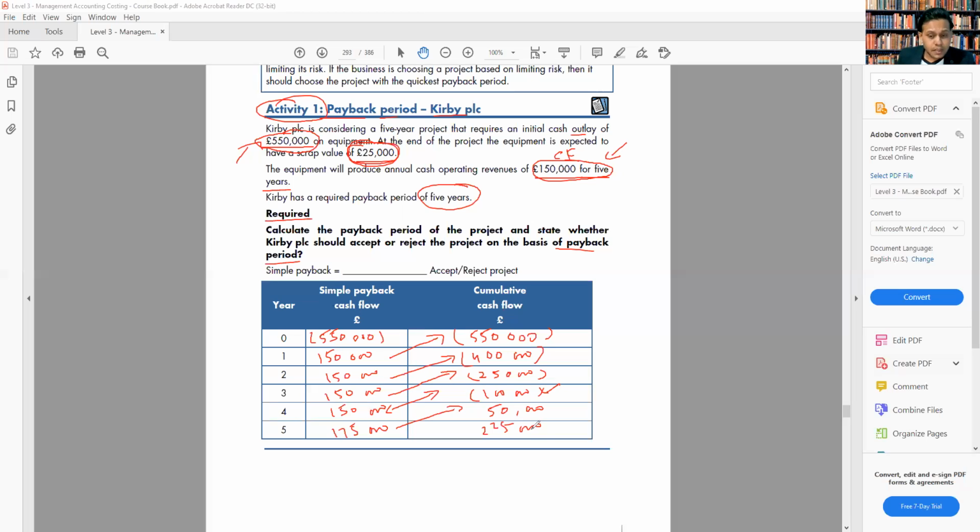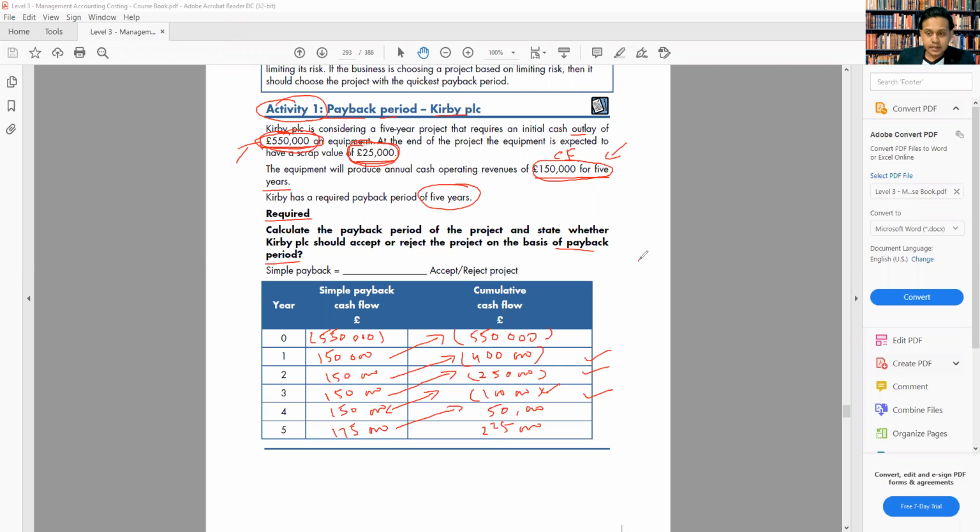Now can anyone tell me how long it actually took to get my investment back, the 550,000? I need the full year 1, the full year 2, and the full year 3, so I need the 3 years in full. But year number 4, I don't need the whole year, because in year 4 I receive 150,000 but I actually need only 100,000.